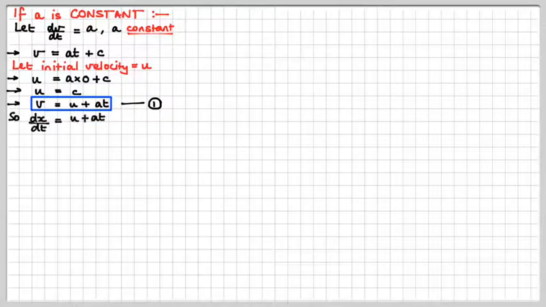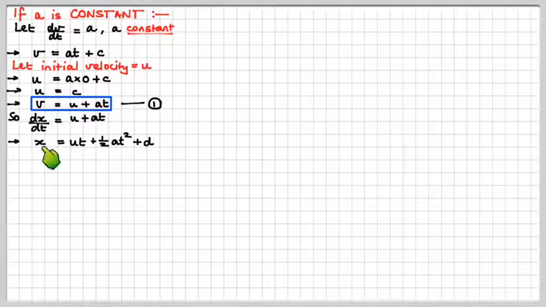Okay, that's number one. Now, if we then go another step and we integrate that one to get displacement, okay, that's v is really dx/dt, isn't it? Okay, and it equals u plus at, which we've just found. We integrate that again, we'll get, okay, x, this is the displacement now, is ut, that's the antiderivative of that, plus a half at squared, which is the antiderivative of this one, plus another constant of integration, which we'll call d.